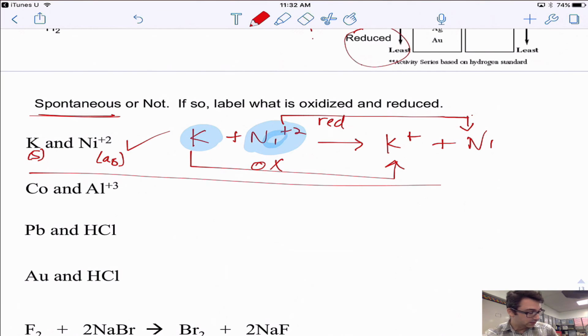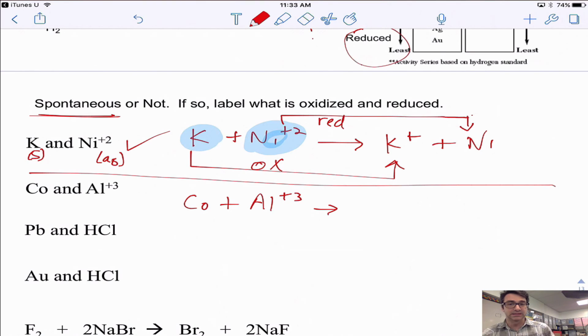Let's try this one here, cobalt plus Al3+. So if I react these two together, I will get cobalt and aluminum. Well, cobalt has no choice. It's a metal. It's going to be oxidized, not going to become negative. Aluminum also can't be further oxidized. It's lost its 3 electrons.